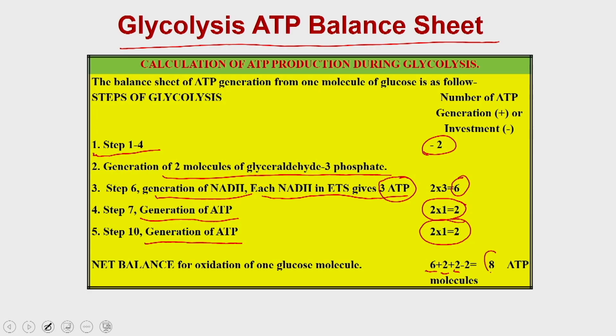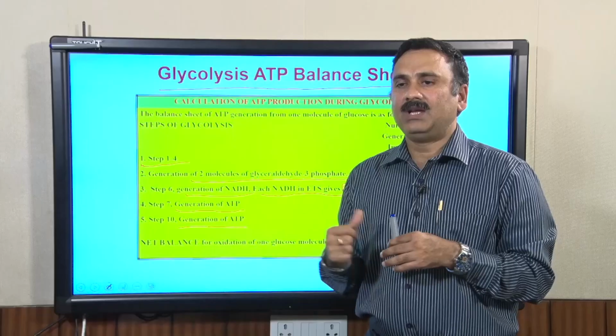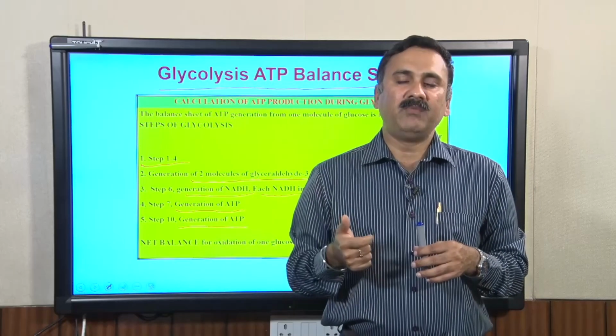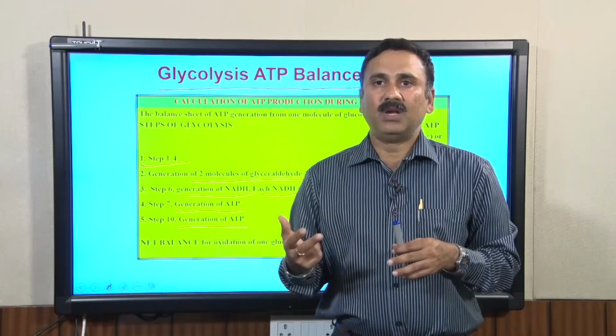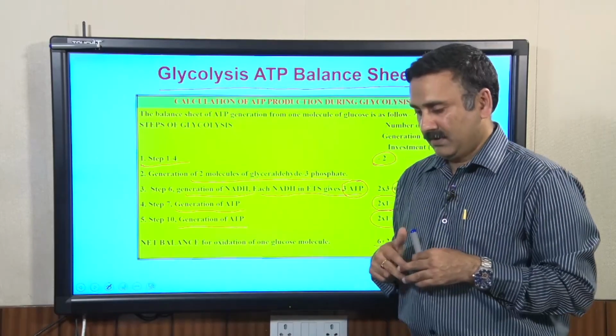So, at the end, when one glucose molecule is oxidized in glycolysis, you are generating 8 molecules of ATP. When the glucose molecule enters glycolysis, you are actually spending 2 ATP molecules, but in return you are getting 8 molecules back.